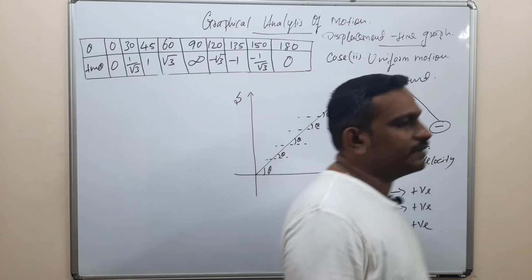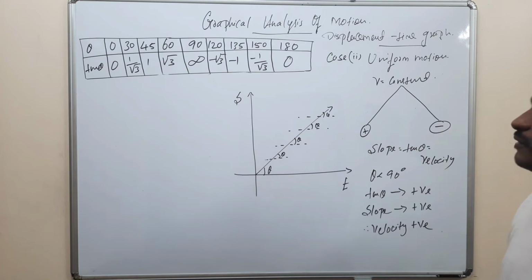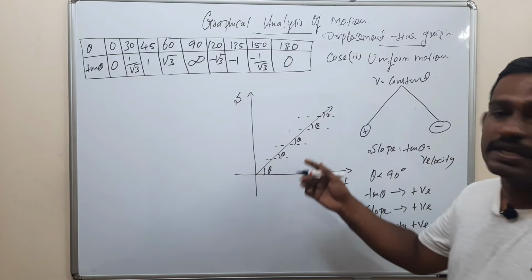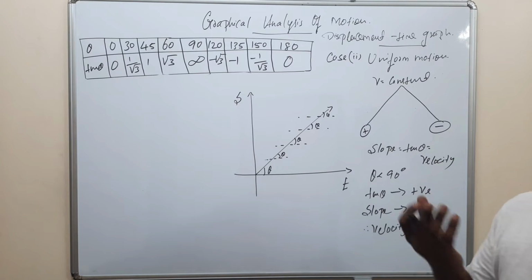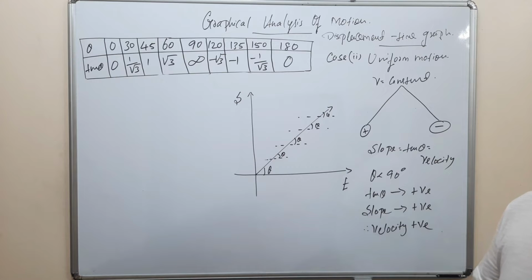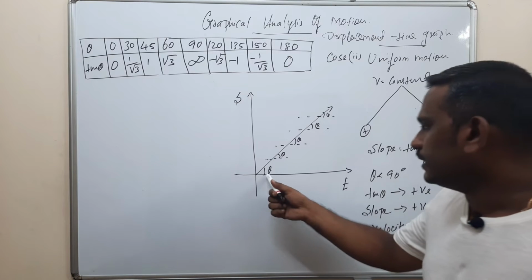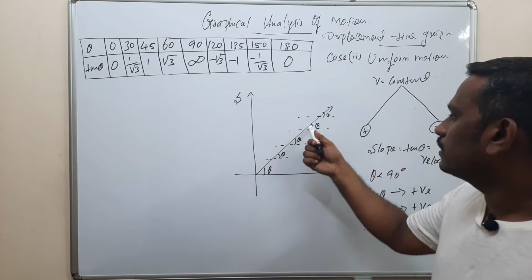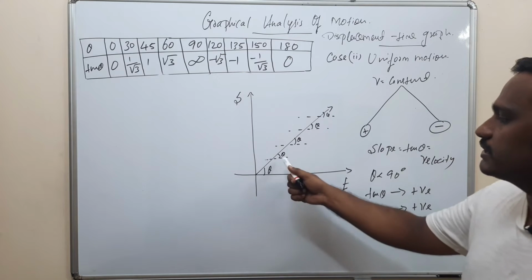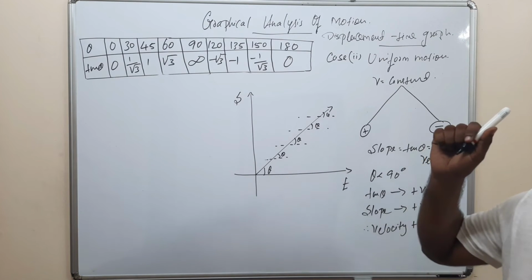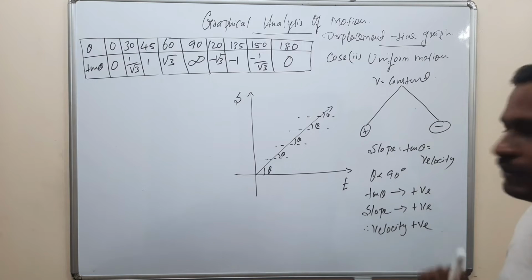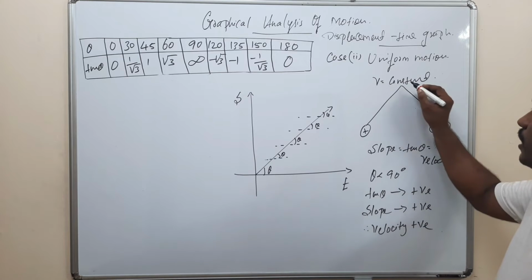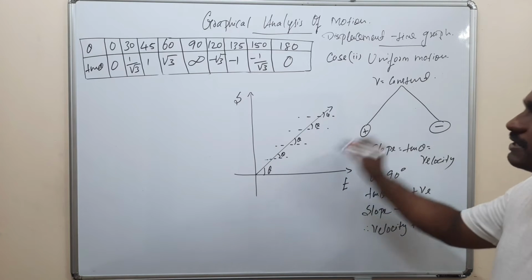Theta is not varying, so slope is constant, which means velocity is constant. So 30 degrees means everywhere it is 30 degrees, or 60 degrees means everywhere 60 degrees. Tan 60 always gives the same value, so slope is constant. Slope gives the velocity, so velocity is constant and positive, satisfied.